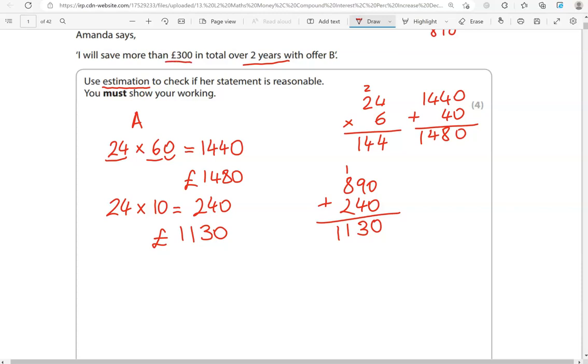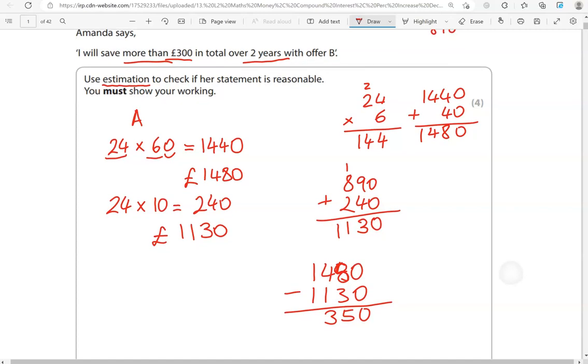Is it more than £300? So 1,480, take away 1,130, 8 take away 3 gives us 5, 4 take away 1 is 3, 1 take away 1 is 0. So £350 saved. So that is more than £300. So is Amanda correct?